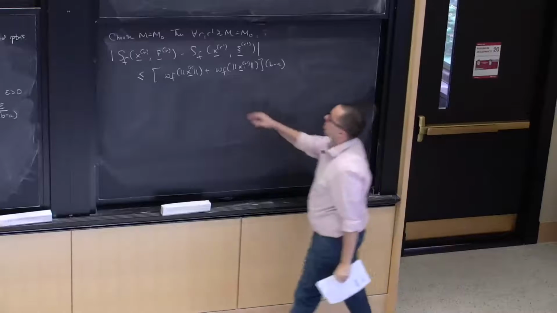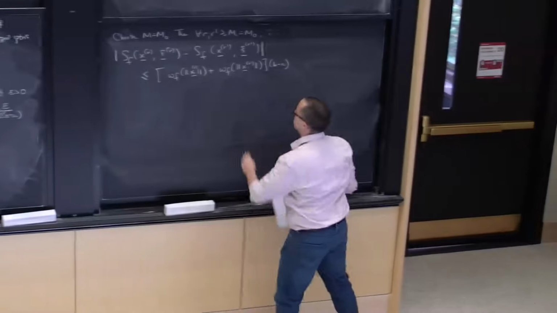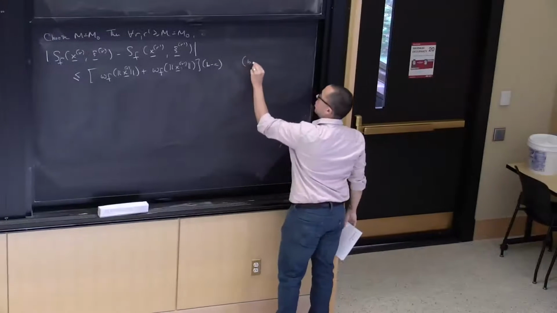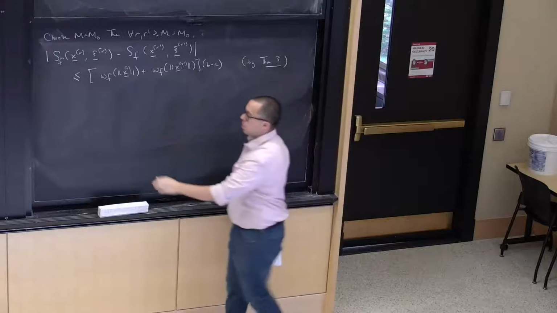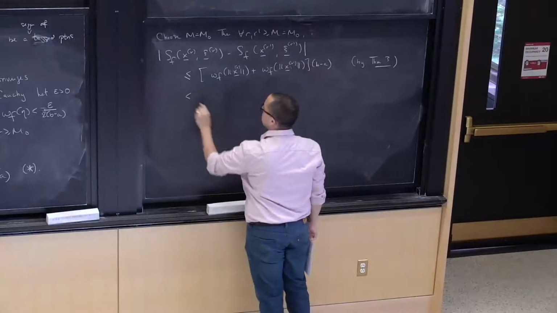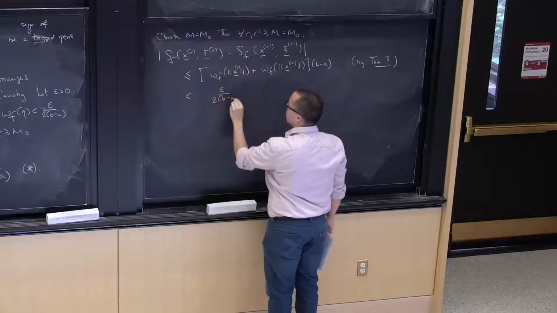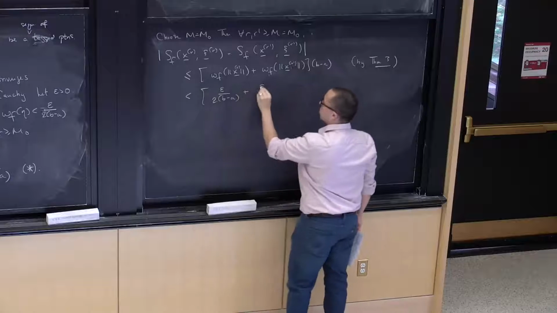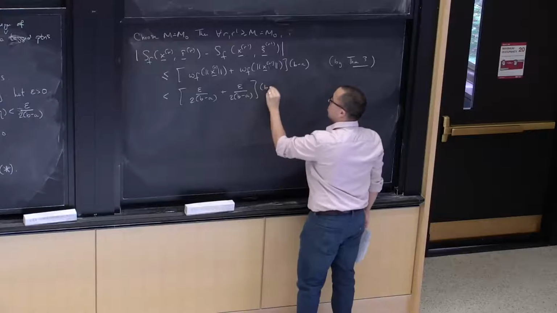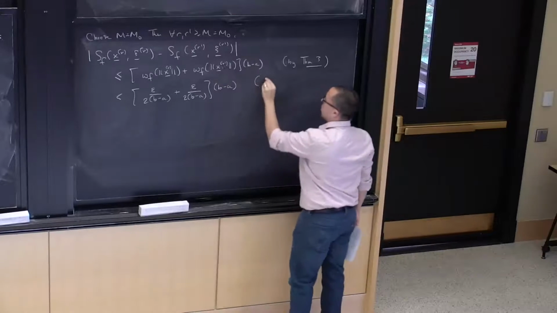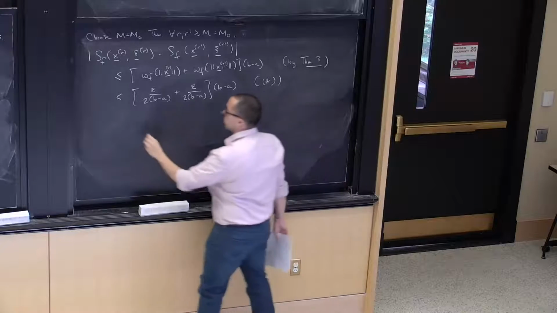And now r and r prime are bigger than or equal to m0, and so by star, by our choice of m0, this is less than epsilon over 2 times b minus a plus epsilon over 2 b minus a times b minus a, which equals epsilon.